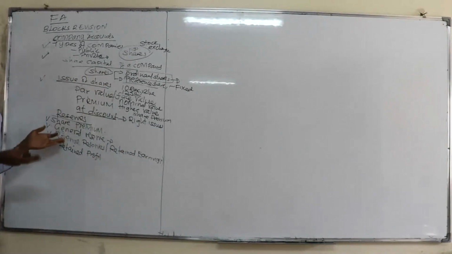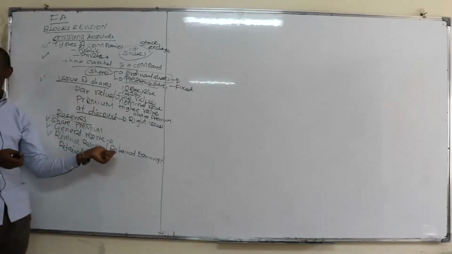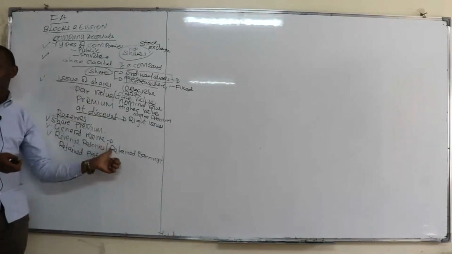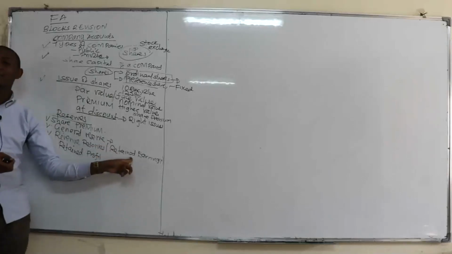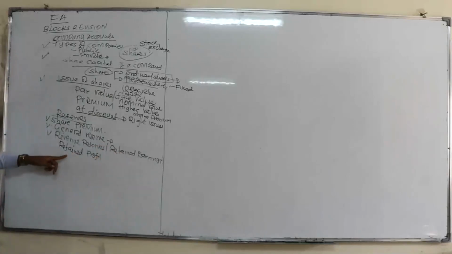After that, you can pay the ordinary dividend for ordinary shareholders. What you retain after you pay the dividends is what we call the revenue reserves, which is also the retained earnings, which is also the retained profits. Are we together? That is what we mean when we talk of the retained profits.